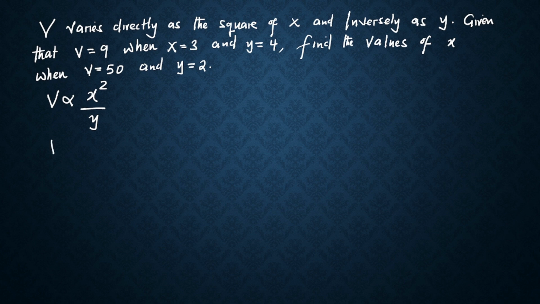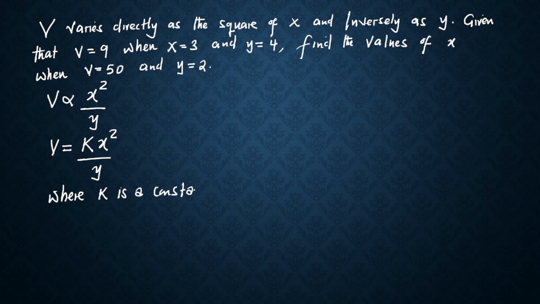Meaning V is going to be equal to k x squared over y, where k is a constant of variation.